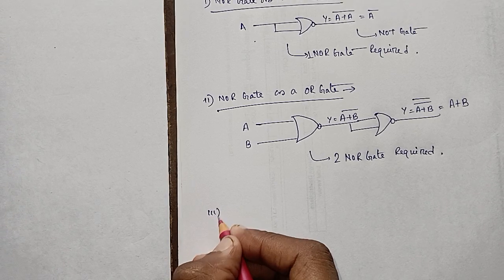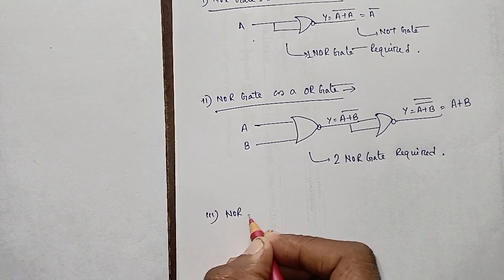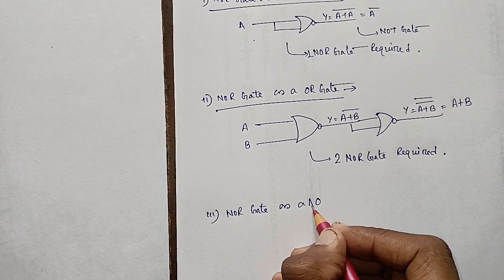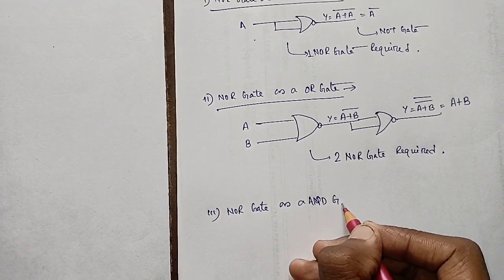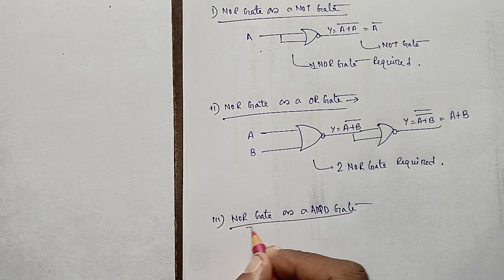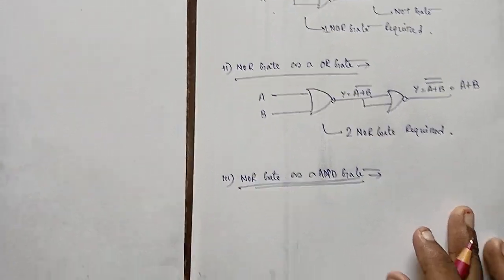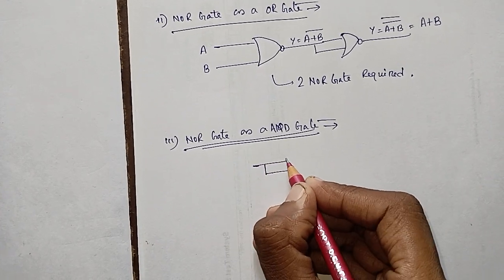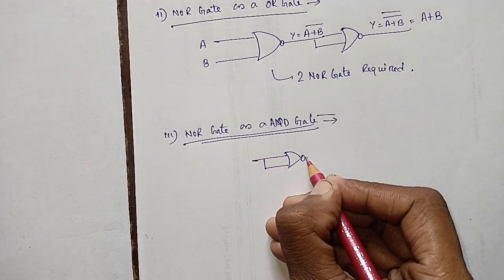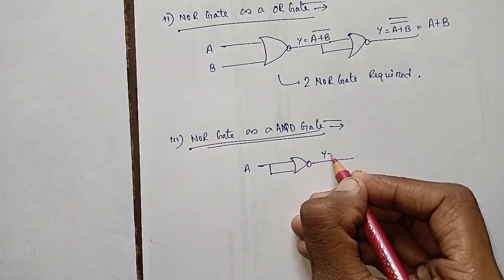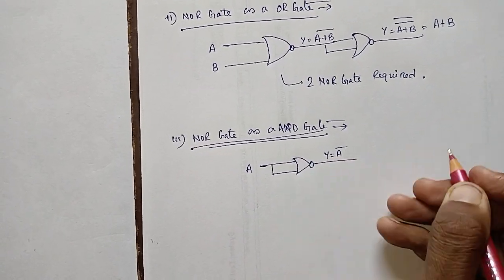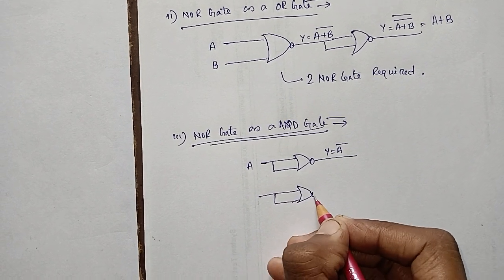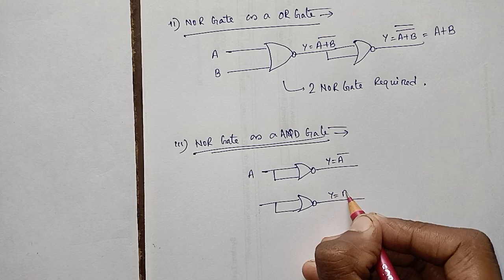And lastly, the most important thing, the NOR gate as an AND gate. The AND gate is very important. So we pass A to a NOR gate, and we get y is equal to A plus A bar, which means A bar, and similarly for B we get B bar.